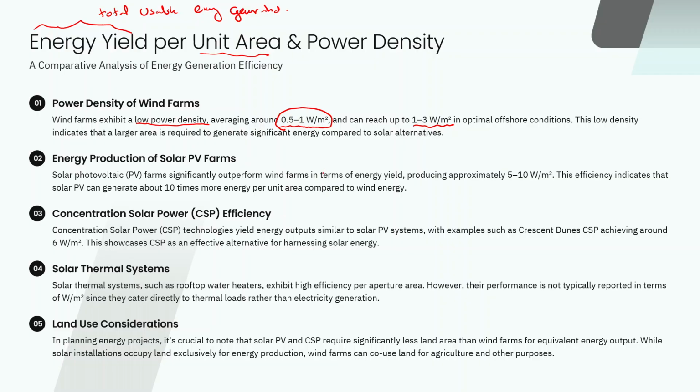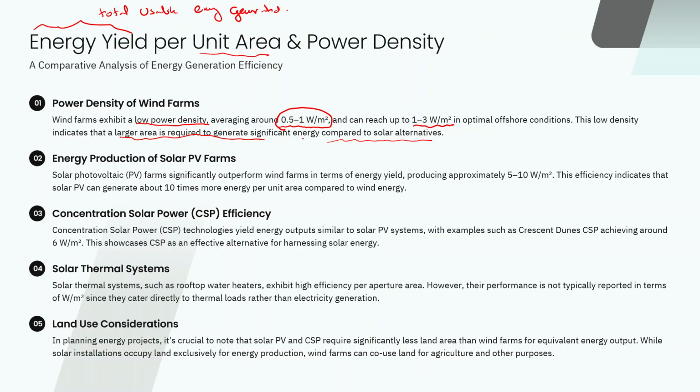So you can see the power density is very low in this technology. This low density indicates that a larger area is required to generate significant energy compared to the other alternatives like solar, right?